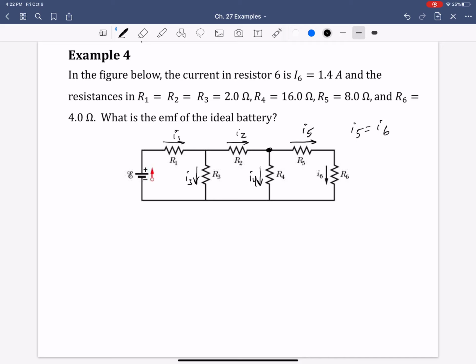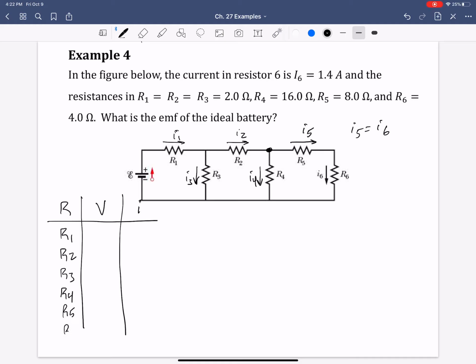So over here, let's make a table for all of these values: resistances, the voltage, and then the current. All right, so currents 5 and 6, we know because it's specified to be 1.4 amps. And they're the same. The voltages won't be the same, but we can use Ohm's law to calculate that.